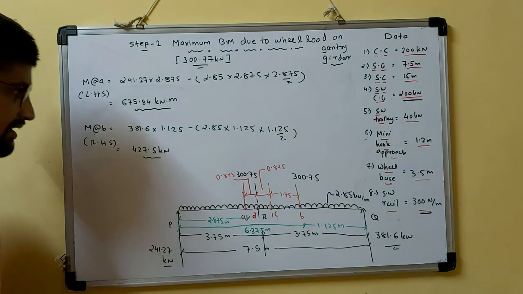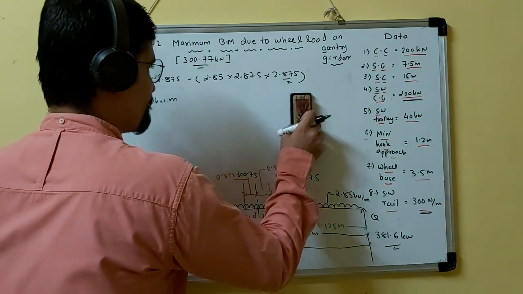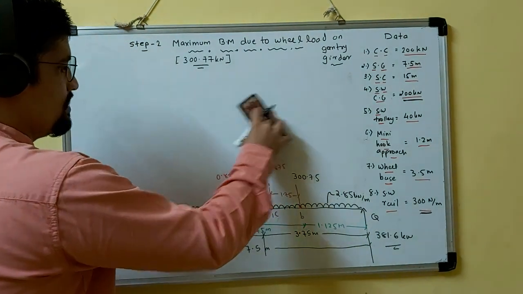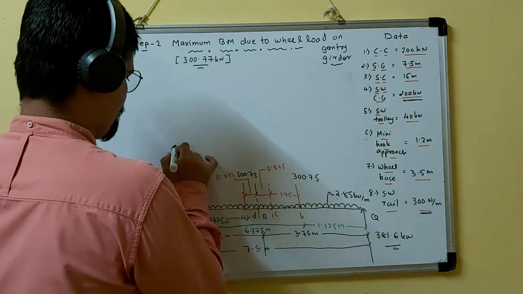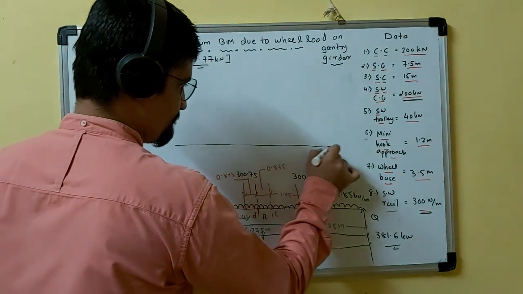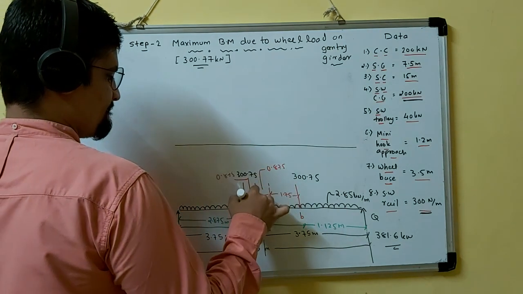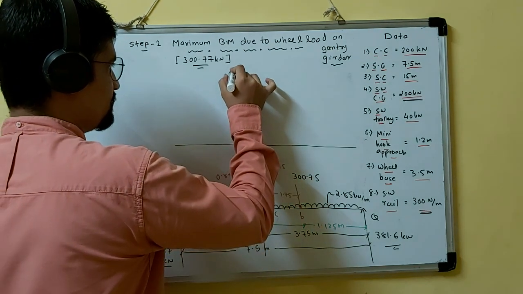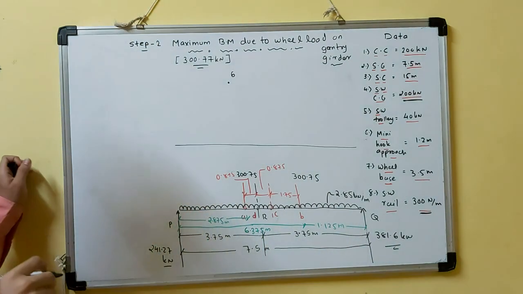So let's check the diagram. The diagram will be like this. A point will give maximum, how much it was?